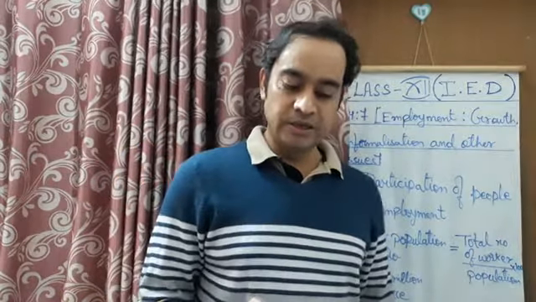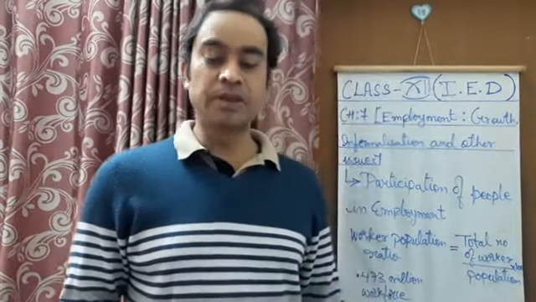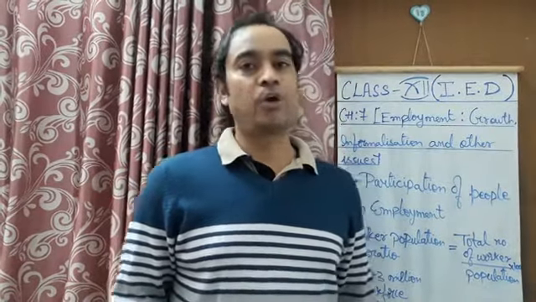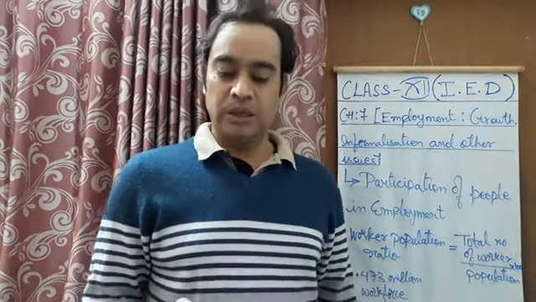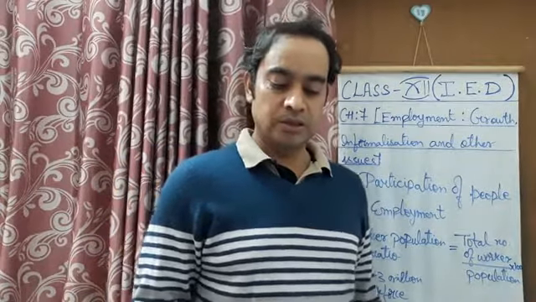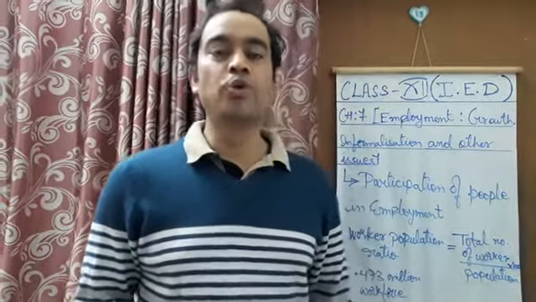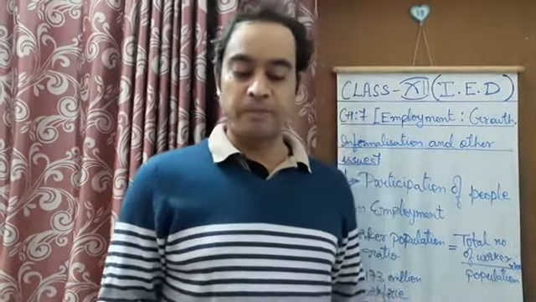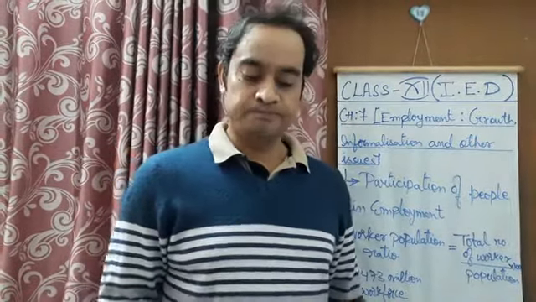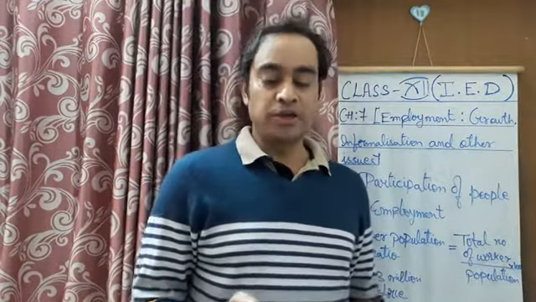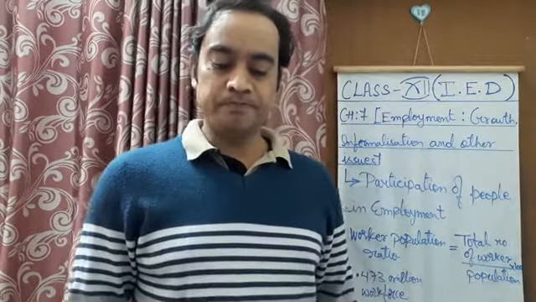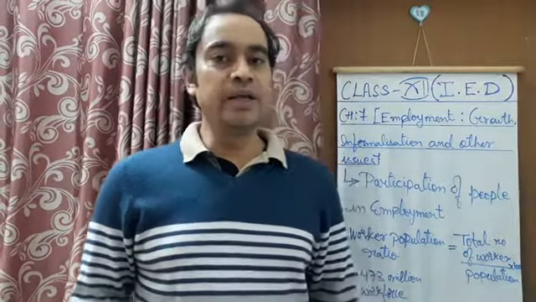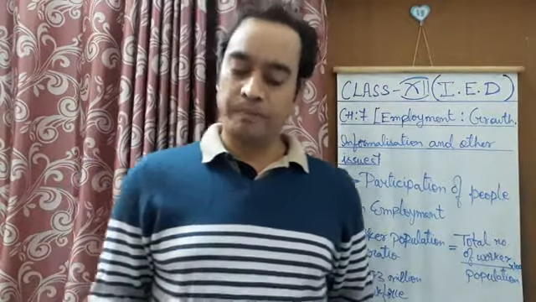The table 7.1 clearly shows us that in the urban areas, out of every 100, near about 36 persons are found to be working. But in the rural areas, more people are working or engaged in economic activities. Now, why is it so that in rural areas more workers are found?